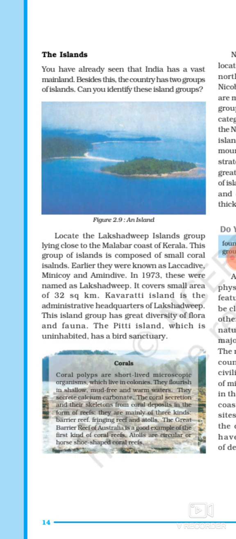First is the Lakshadweep Islands, located close to the Malabar coast of Kerala. This group of islands is composed of small coral islands. Coral islands are basically islands made up of very small bodies of microorganisms.